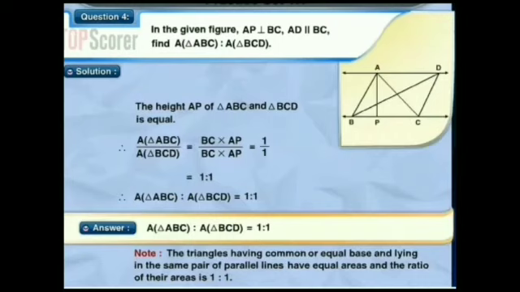As bases and heights of both the triangles are equal, they get cancelled, which is equal to 1 upon 1. So therefore, area of triangle ABC is to area of triangle BCD is equal to 1:1. So that's our exercise 1.1.